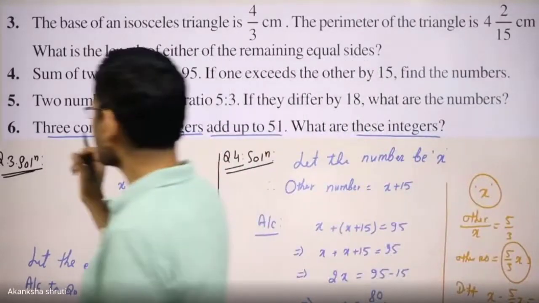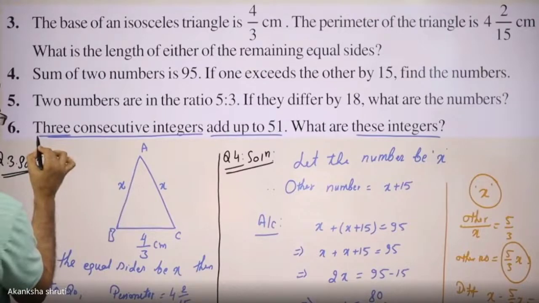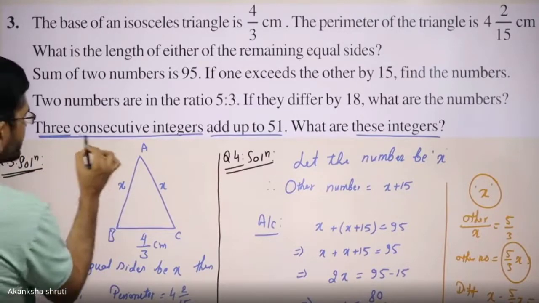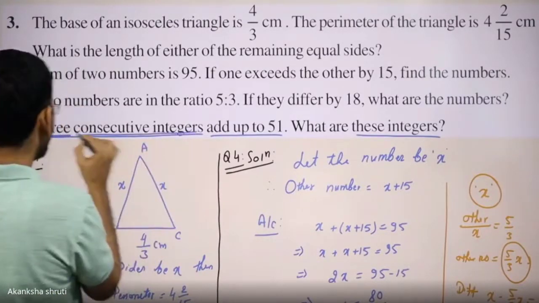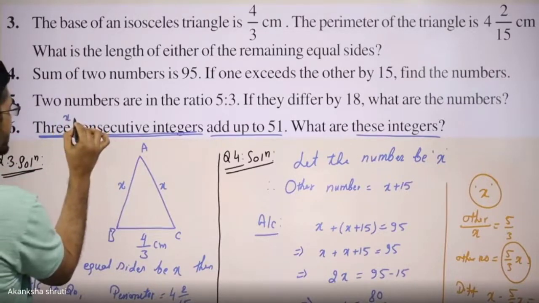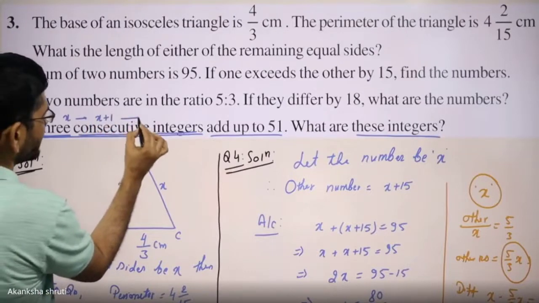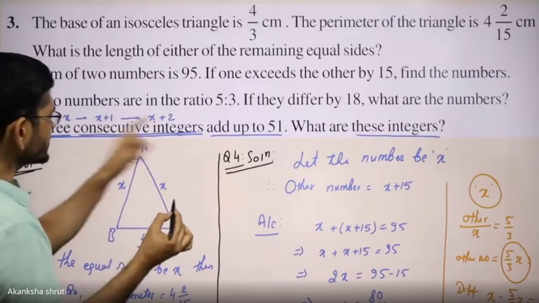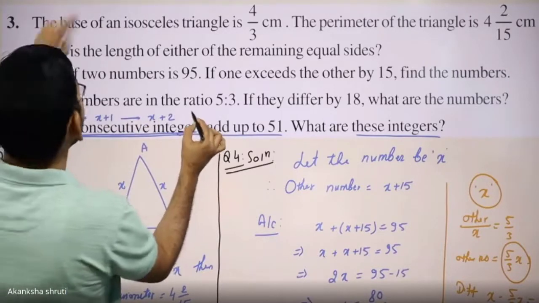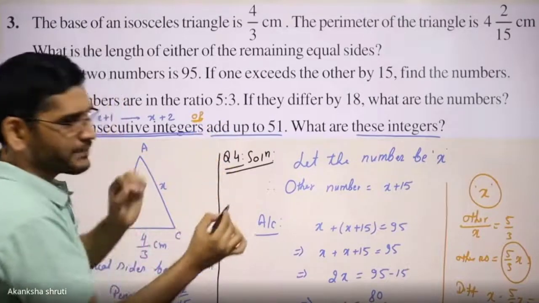So in this question number 6, we have to assume 3 consecutive integers. So one integer, if you are assuming as x, the other will be x plus 1, and the other will be x plus 2. Means these are consecutive. Or even, students, you are free to take it backward.